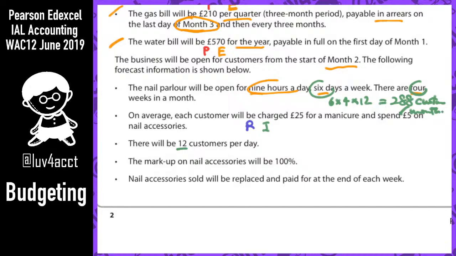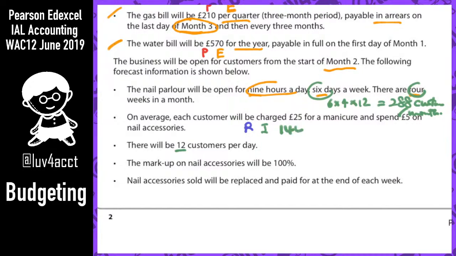Okay, and 288 multiplied by 5, you have 1440 only. Yes, I think so. $1440.